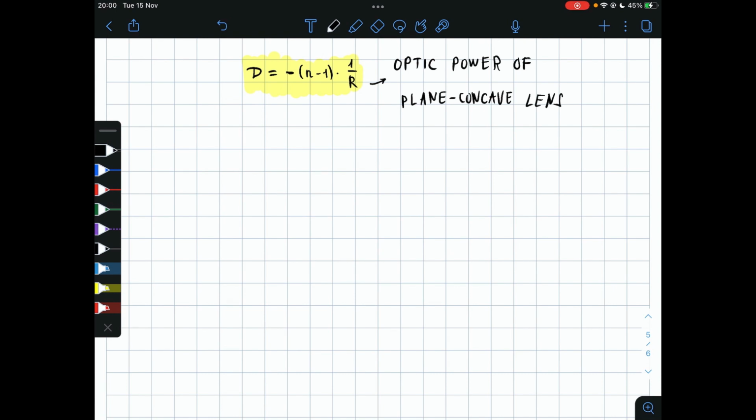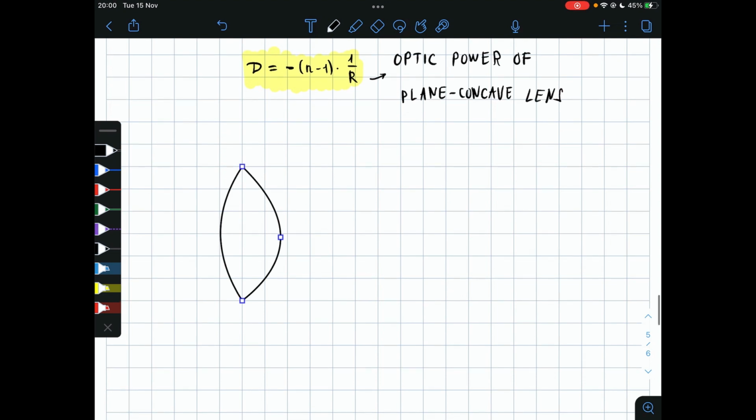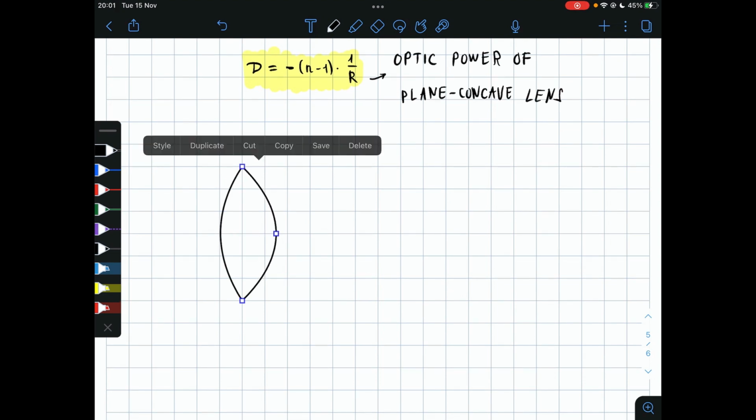Concave, it doesn't matter. For example, this kind of lens. So, for example, one surface is this one. So this is our lens, and we need to find its focal point.